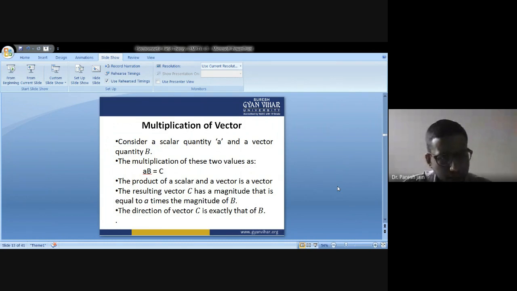The direction of the vector C is exactly that of the vector B. So this is the multiplication in vector analysis, how any scalar quantity is multiplied with a vector quantity, what the direction of the resultant vector is, and how the magnitude is changed in the result.